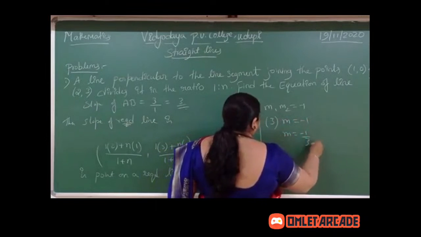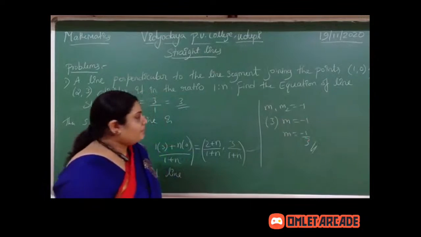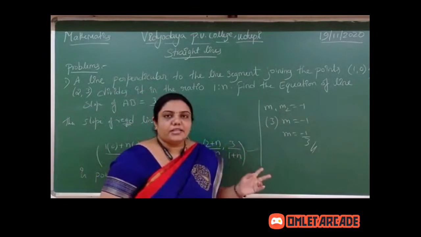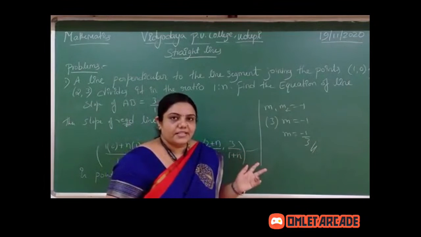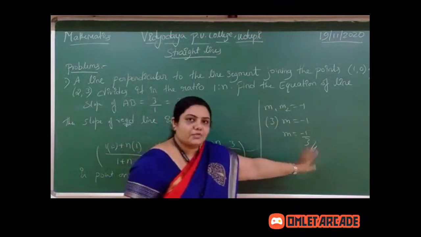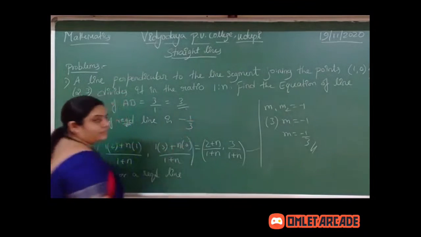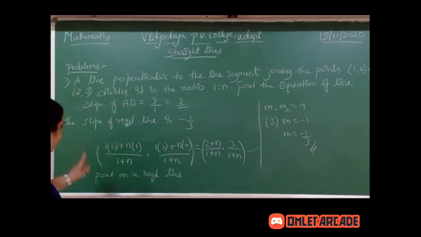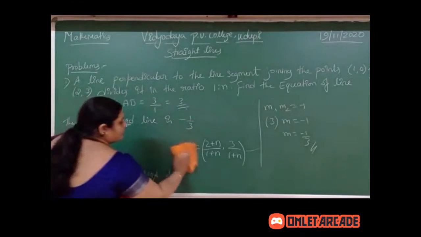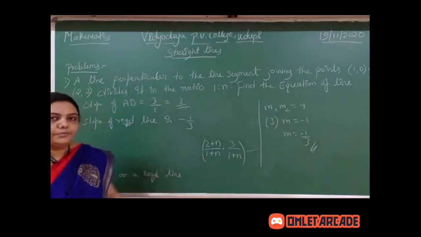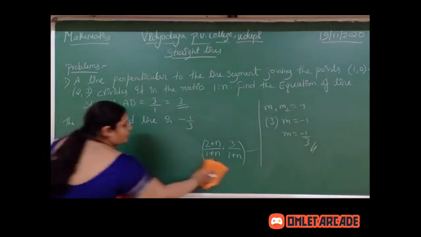So m is minus 1 by 3. It's very simple. If it is 3, it is minus 1 by 3. I mean, they are actually negative reciprocal of each other, isn't it? If it is 3, it will be minus 1 by 3. So slope of the required line is minus 1 by 3. Now you have a point and also a slope. See, this is the point and this is the slope. We'll find the equation now.